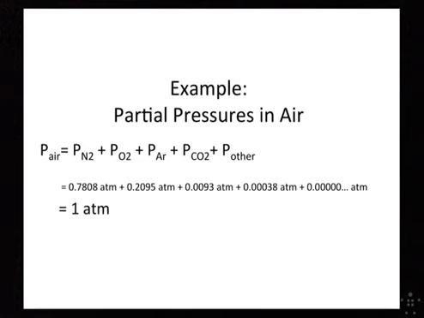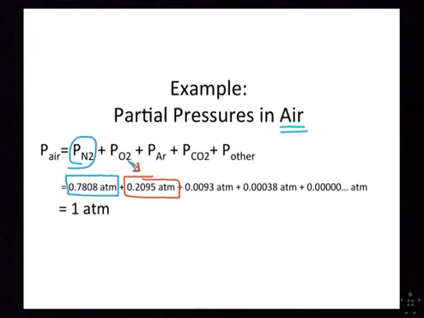So let's look, for example, at the partial pressure of all the different substances that are in our normal air that we breathe. Air is mostly N2. The partial pressure of nitrogen molecules bouncing around in the air is 0.7808 atmospheres. The partial pressure of O2 molecules bouncing around in the atmosphere is 0.2095 atmospheres.